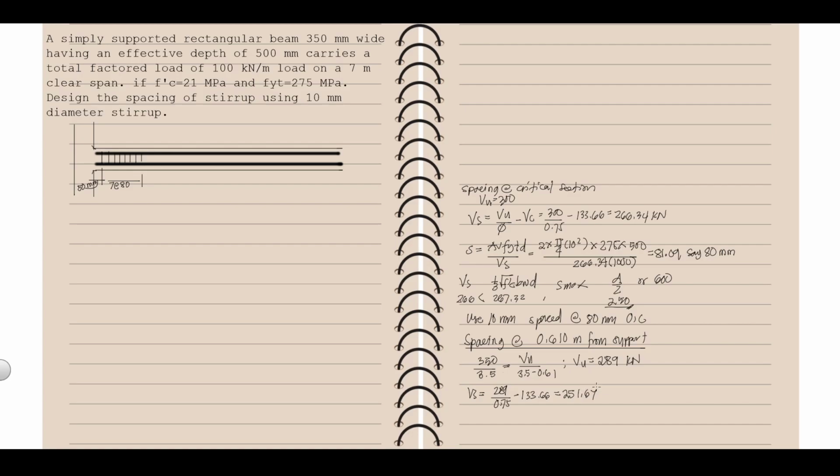Alright? So, for S, the same pa rin yung S natin. Ang magbabago lang class is yung VS dito sa formula natin. So, ito yung S natin na equation. Ang babaguhin mo lang dito is yung VS. So, what is our S?